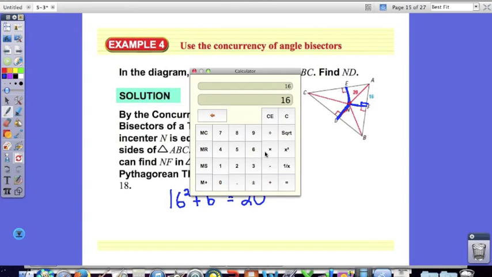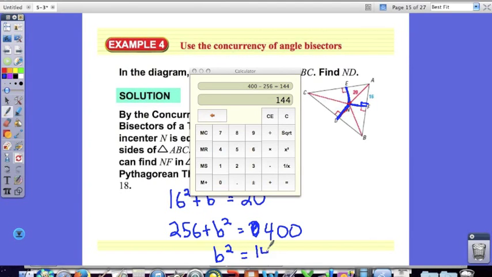So 16 times 16 is 256 plus b squared equals 20 squared, which is 400. 400 minus 256 is 144. So b squared is 144. That means that b is equal to 12.